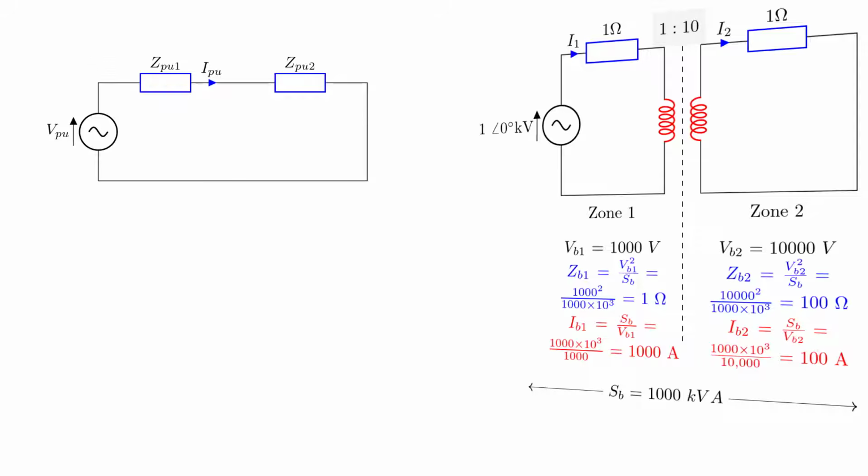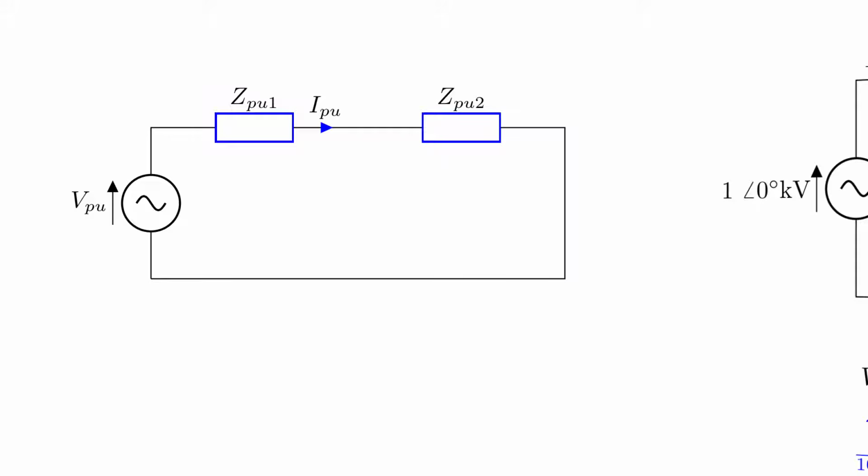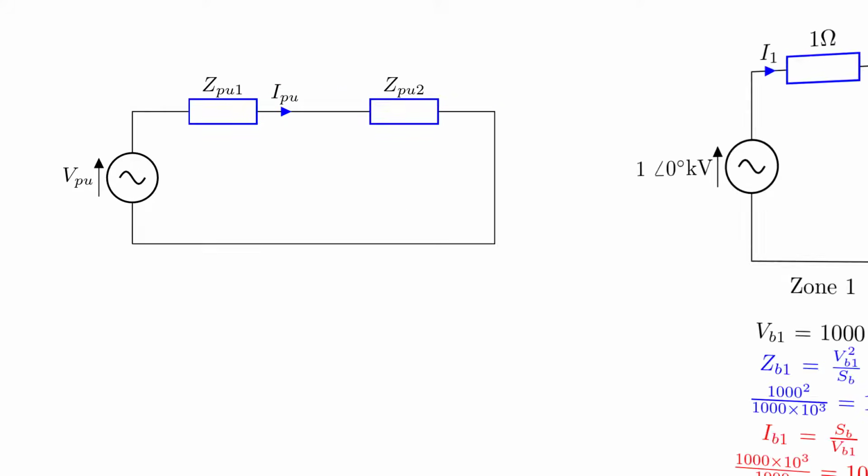We know that our per unit equivalent circuit will look something like this. It will have a per unit voltage and the two converted impedances. Remember, we have a different conversion factor in each zone for impedance. The idea now is to solve this circuit and calculate the per unit current.